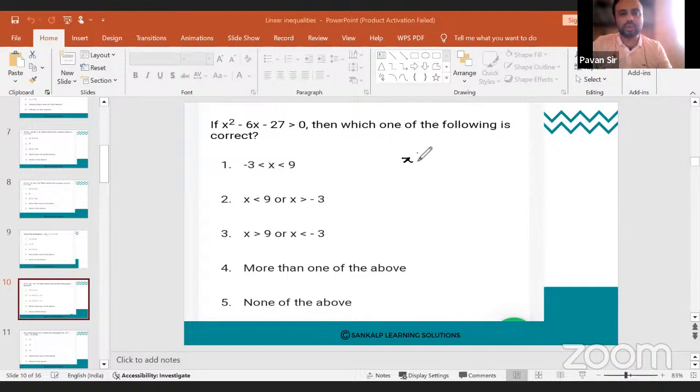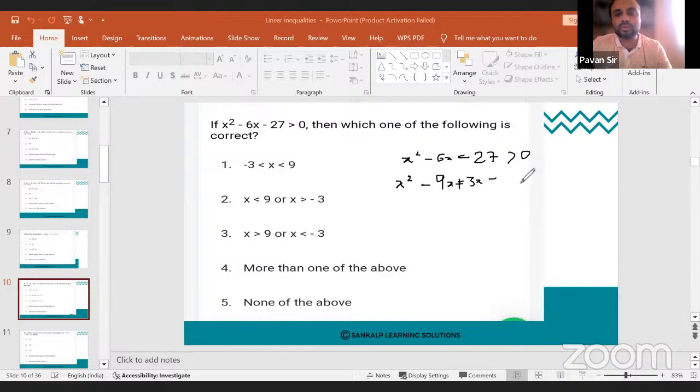So x square minus 6x minus 27 is greater than 0. So use the quadratic equation style. 3 nines are 27, minus 9x plus 3x is minus 6x.